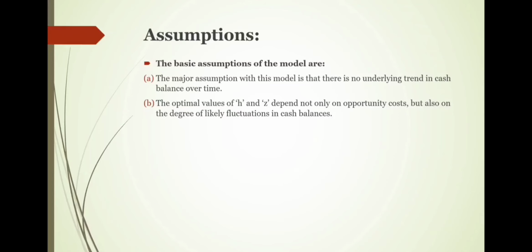The model can be used in times of uncertainty and random cash flows. It is based on the principle that control limits can be set which, when reached, trigger a transaction. The control limits are based on the day-to-day variability in cash flows and the fixed cost of buying and selling government securities.